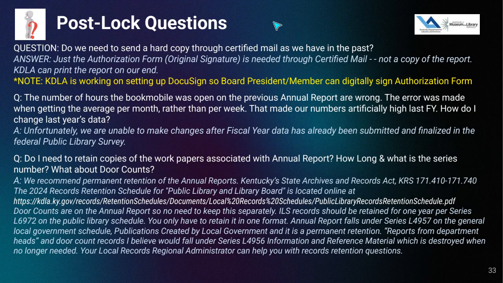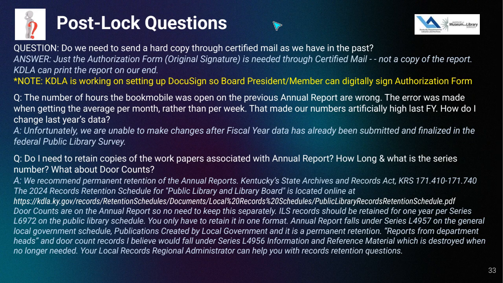Next questions, post-lock. So you've gone through it and you've finally gotten it locked and you have all the error questions addressed. Here's some of the post-lock questions. Do we need to send a hard copy through certified mail as we have in the past? I just need the original signature authorization form through certified mail, not a copy of the report, because we can print the report out on our end.